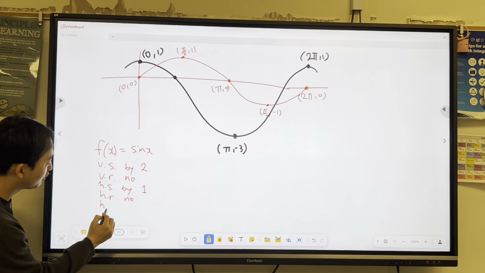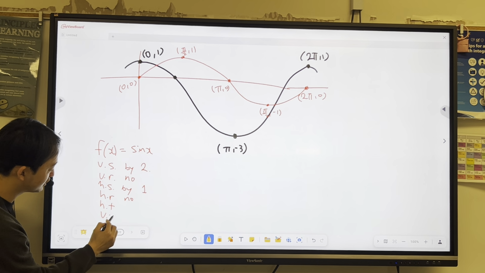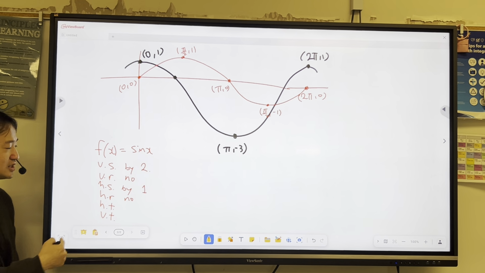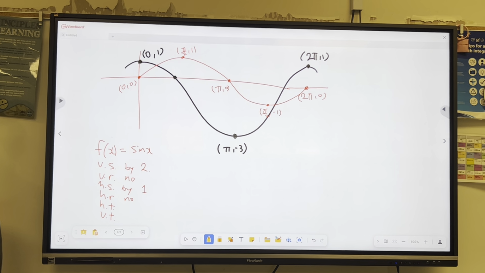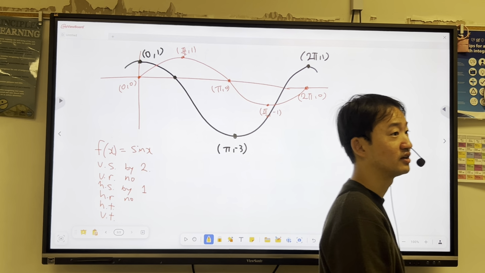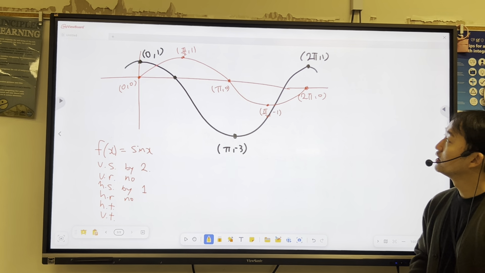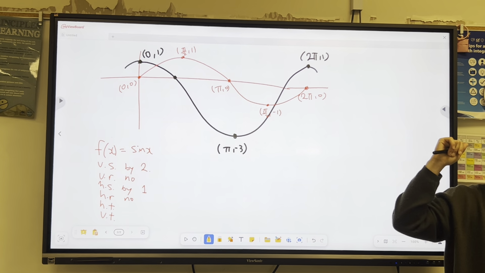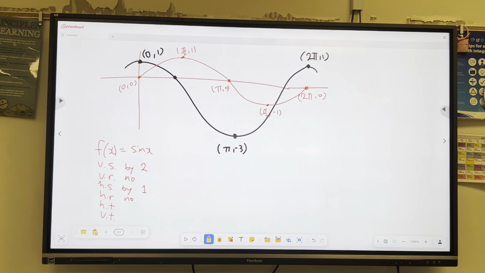Now, we need to do the horizontal translation and vertical translation. For this part, I suggest that you do the vertical translation first. So the question is, is there a vertical translation for this function? Did my graph go up and down, and by how much? Reminder that we've already done the vertical stretch by 2.